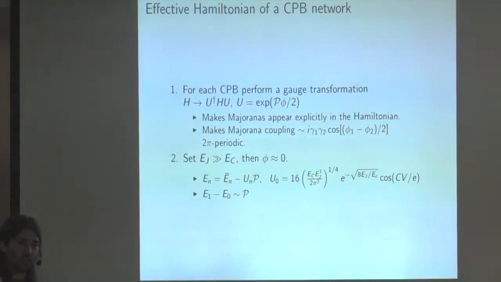This is the phase slip process, and it does add an extra term to the Hamiltonian that is proportional to the fermion parity. This term, since it has tunneling as its origin, is exponentially suppressed in the ratio of Ej over Ec, depth of the potential barrier times the particle mass.